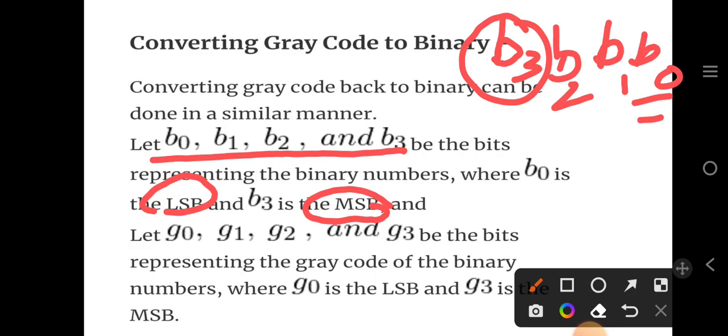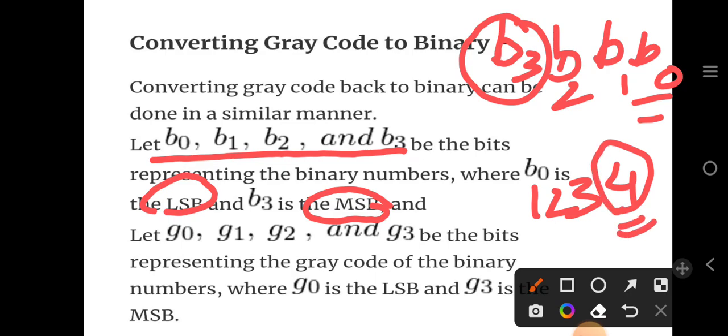Now what is the LSB and MSB? In general, if we represent any number, suppose 1234, so 4 has the least significance, that is the place value of this is only 4, and if you consider this one, the place value of this one is nothing but 1000.